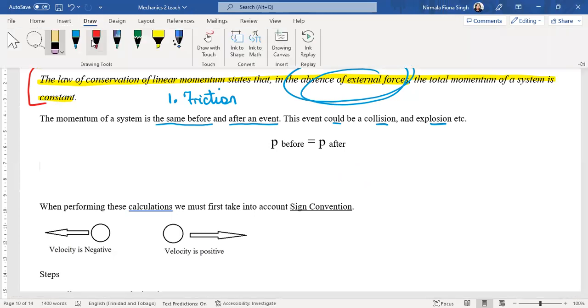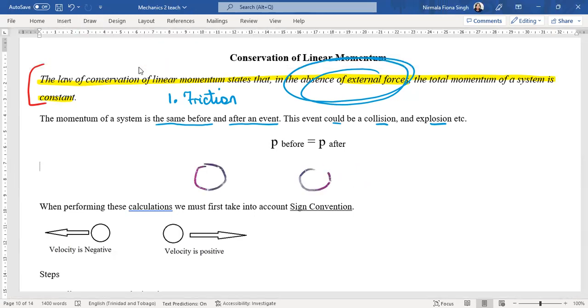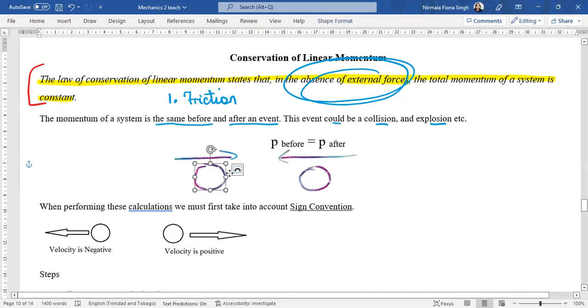I have two marbles. They are rolling towards each other and they hit each other. So you're now going to have this marble coming and hitting this other one, considering that both are rolling towards each other. What are three things that can happen when they hit each other? Anybody?